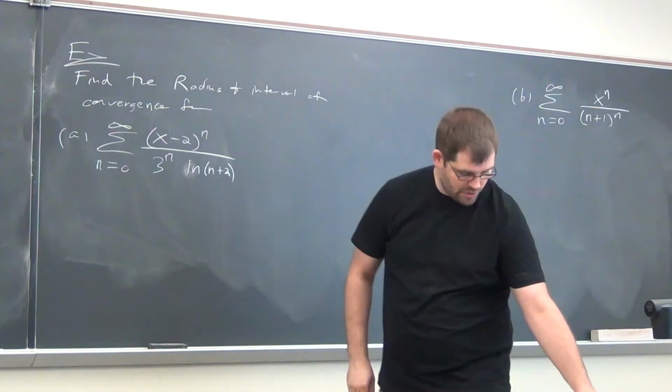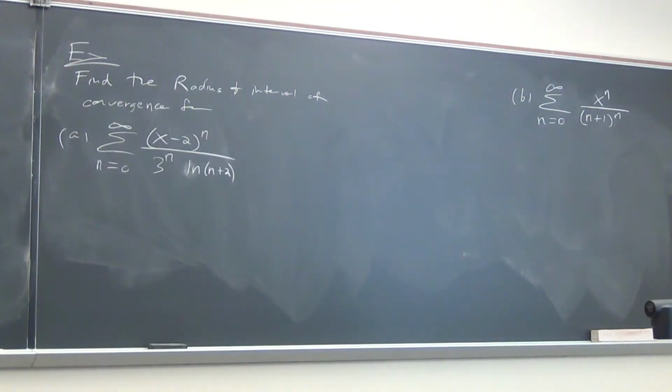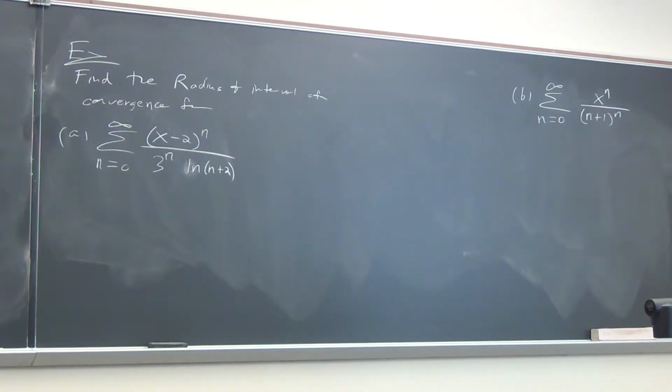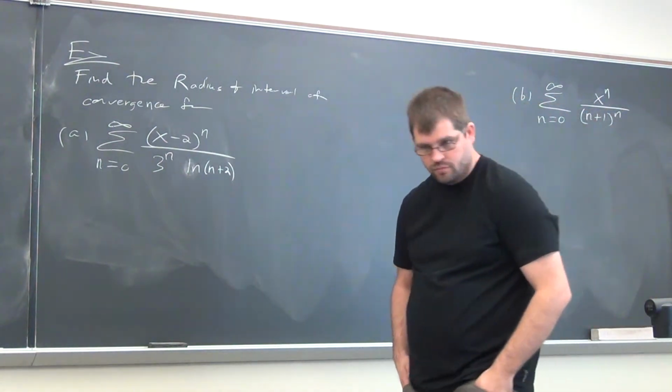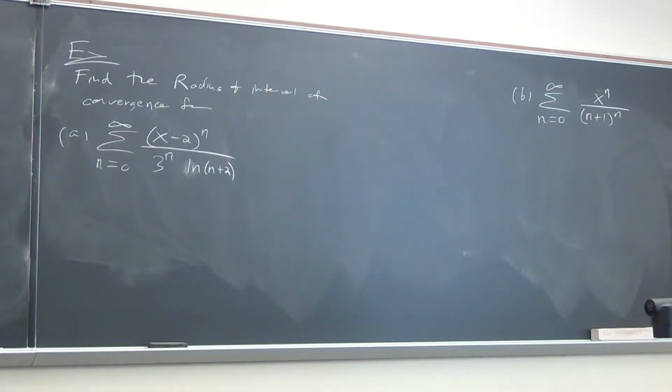Okay, so take a minute, try to do both of these. I'll tell you, everything we did in the last examples, we kept using the ratio test. That second one, it'll be easier just to use the root test. You could get away using the ratio test, but the root test will give it to you immediately. So I would just use that. All right, I'll give you 2 minutes or so to work on it.